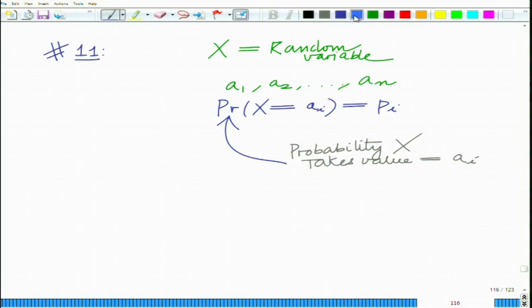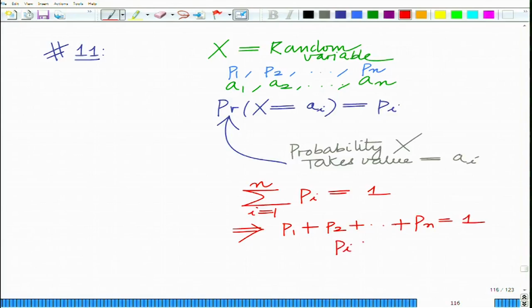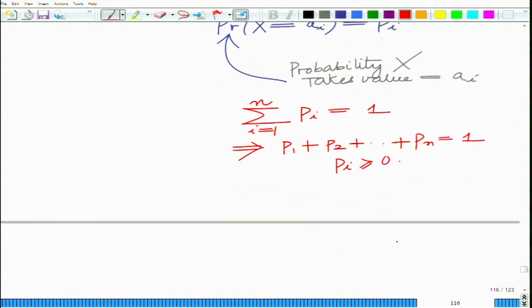Now naturally, if you look at the set of all these probabilities, we have values a1, a2, an, with corresponding probabilities p1, p2, pn. Each of these probabilities, because they are probabilities, must be greater than or equal to 0, and further the sum of all these probabilities must be equal to 1. Therefore, we must have summation i equals 1 to n of pi equals 1, which is also represented by p1 plus p2 plus pn equals 1, and we must also have each pi greater than or equal to 0.